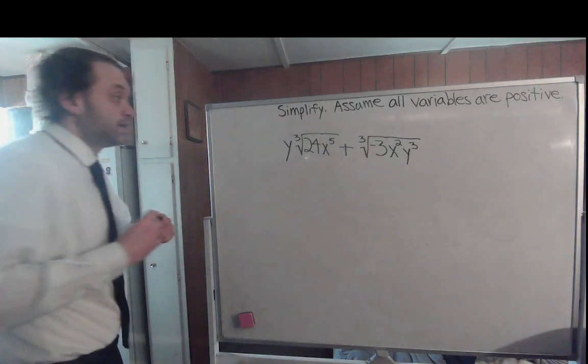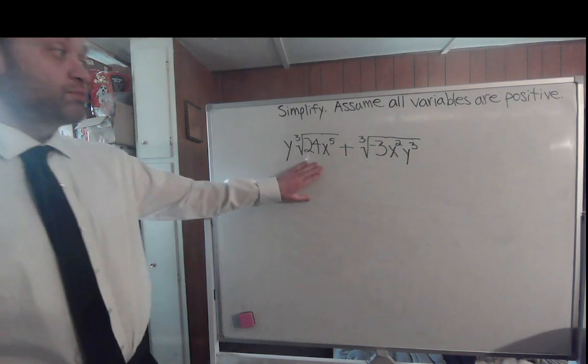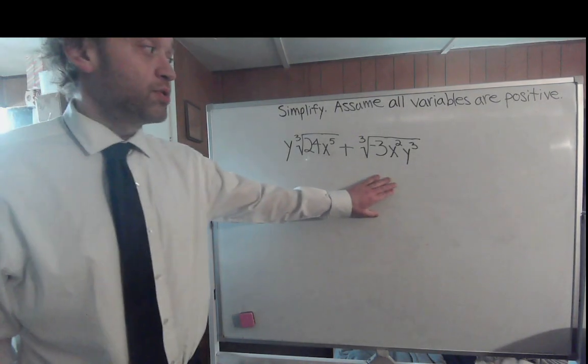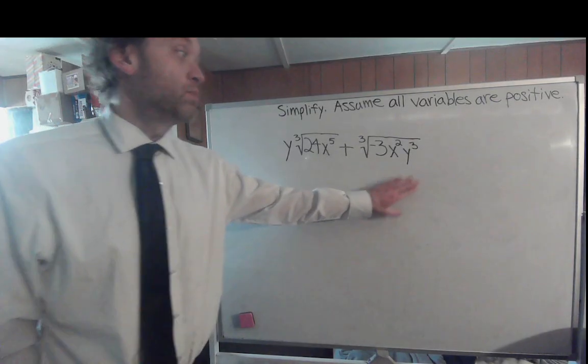All right, so we have y times the cube root of 24x to the 5th plus the cube root of negative 3x to the 2nd y to the 3rd.